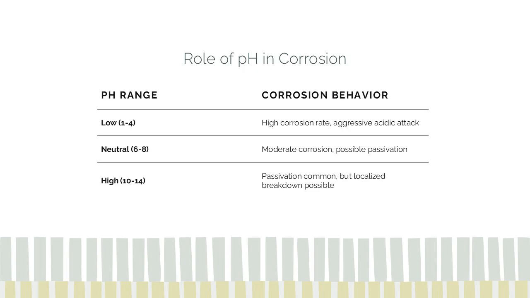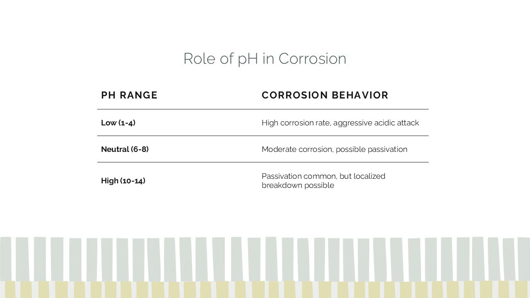pH significantly affects corrosion rates by altering hydrogen ion concentration and oxide film stability. In acidic environments, low pH, metals corrode rapidly due to increased hydrogen ion activity, which accelerates anodic dissolution. Conversely, alkaline conditions, high pH, often promote passivation, forming protective oxide layers that slow corrosion.